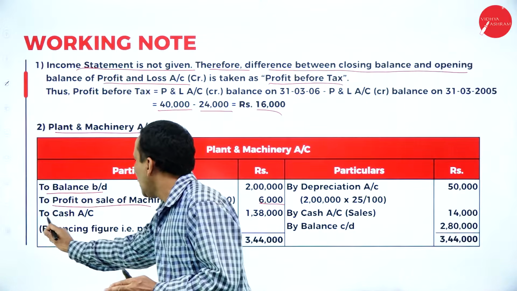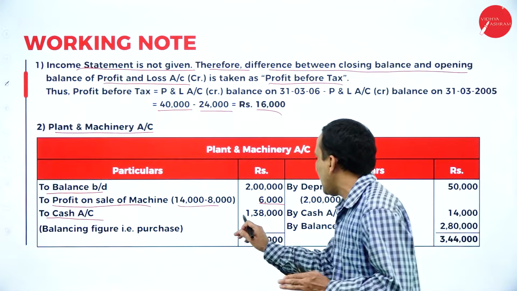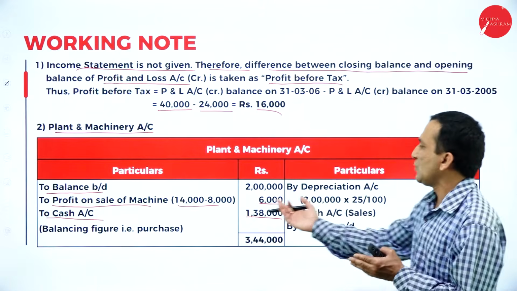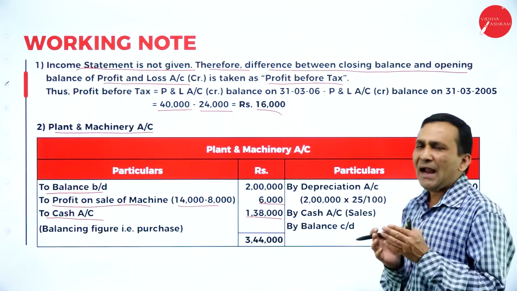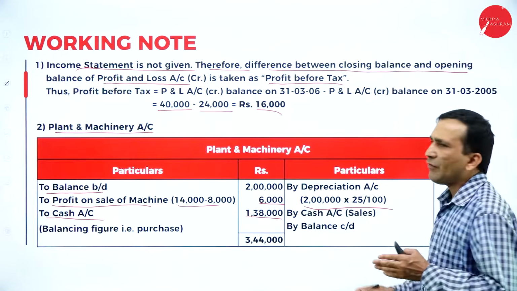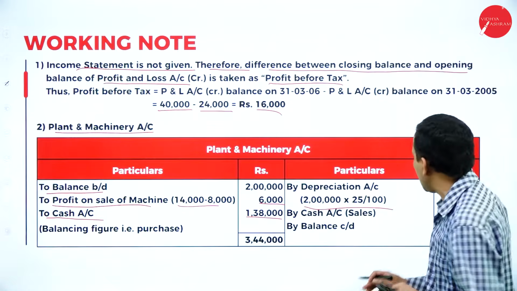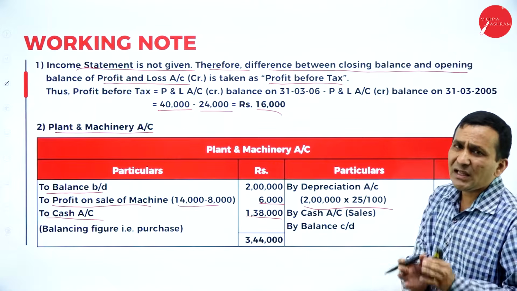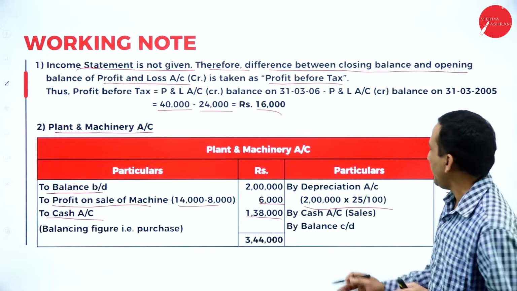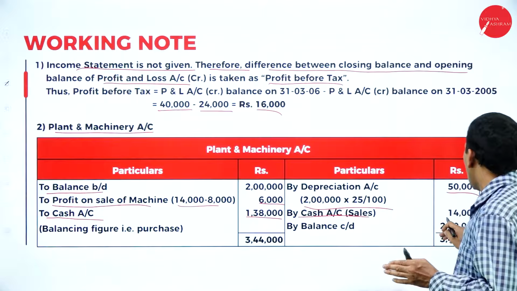So if it is an increase, it means additional purchase. Whatever the balance is, we will try to get. Now there is a plant we have calculated for 25%, which is given in the first adjustment, 50,000 we calculated. Again, we sold the old machinery, so 14,000.